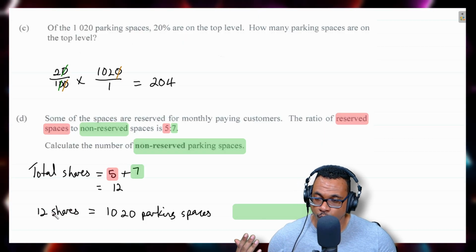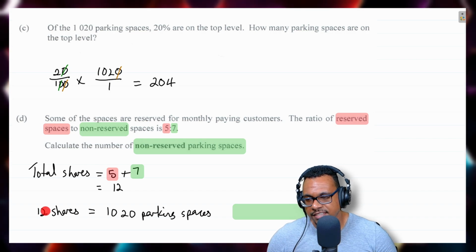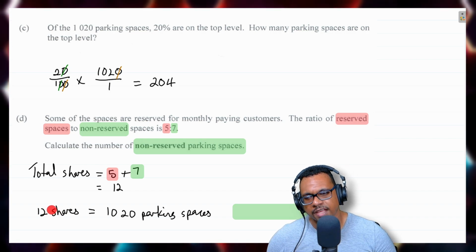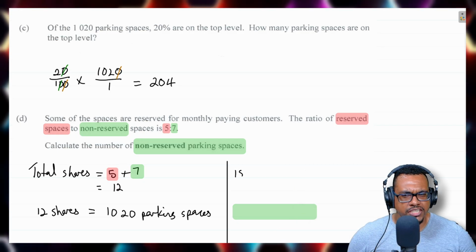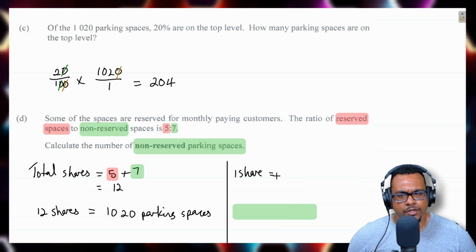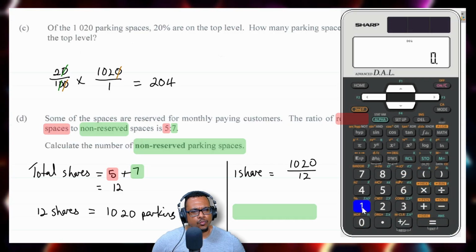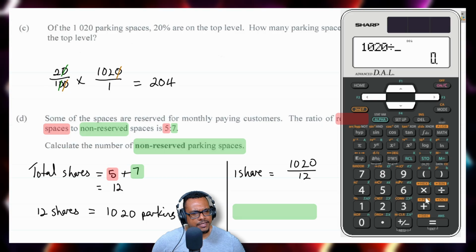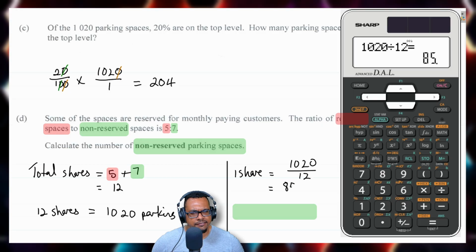As you know, whatever you do to one side of the equal sign, you must do the same thing to the other side. So dividing this side by 12 will give us 1 share. I must divide this by 12 also. So 1 share is equal to 1,020 divided by 12, which will give us 85. So we have 1 share is 85.